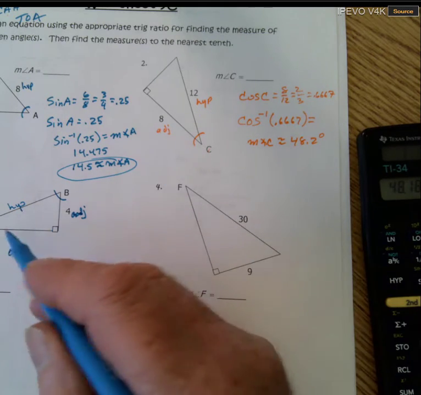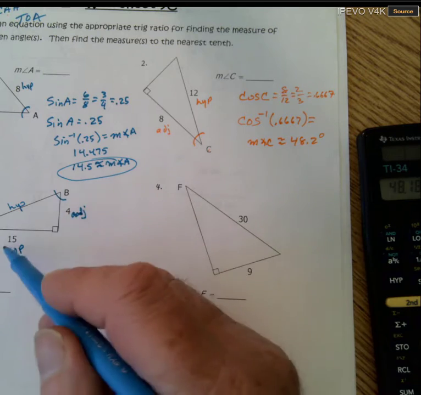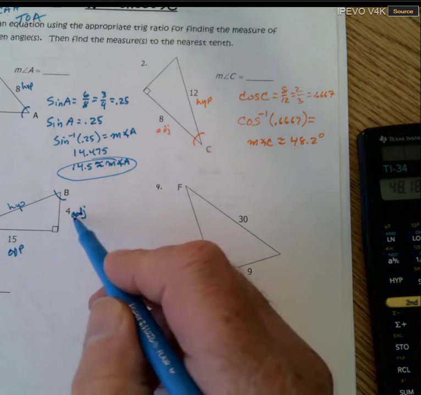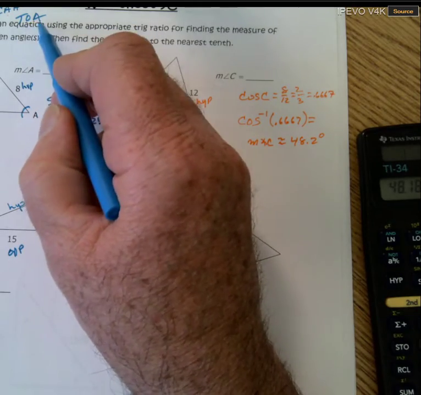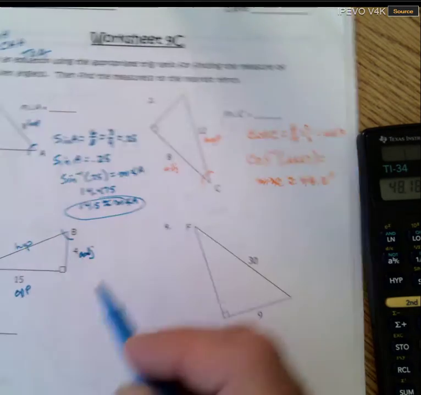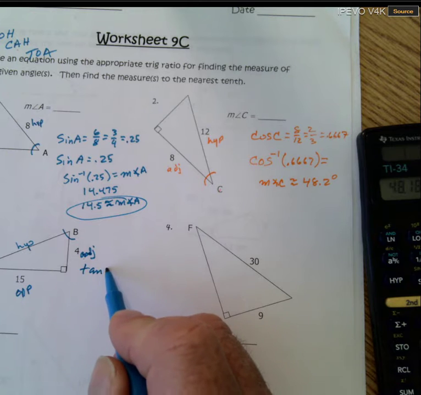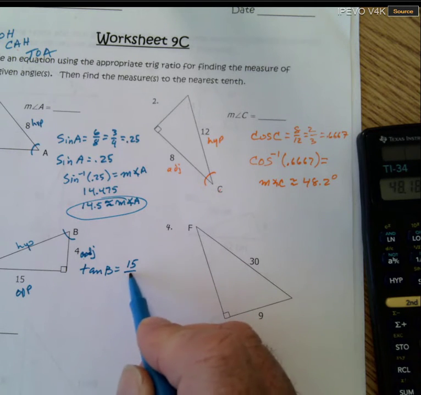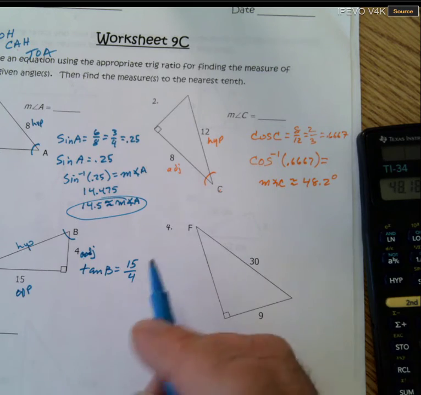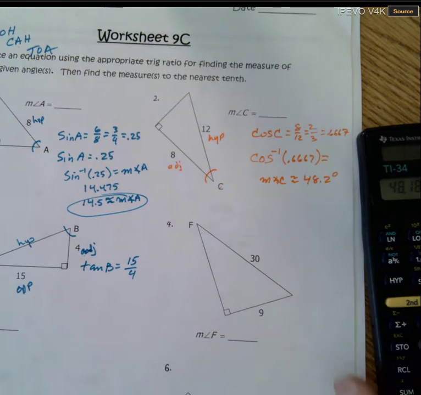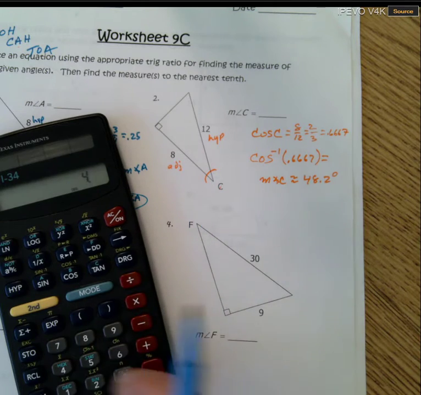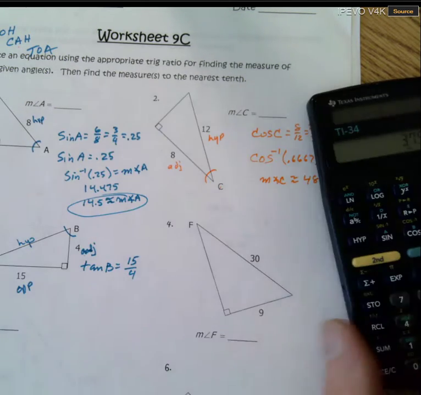We could find it with the Pythagorean theorem if we needed, but we've got enough to do this problem. We've got an opposite with an adjacent. That's a tangent problem. So we're going to set up tangent of B is equal to opposite, which is 15, over adjacent, which is 4. So 15 divided by 4 comes out to be 3.75.